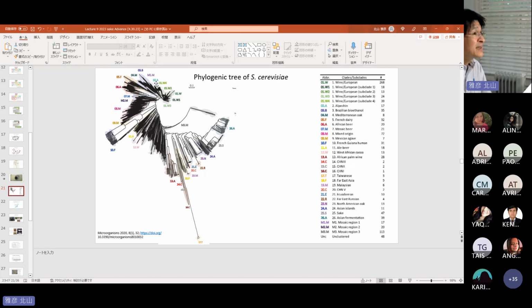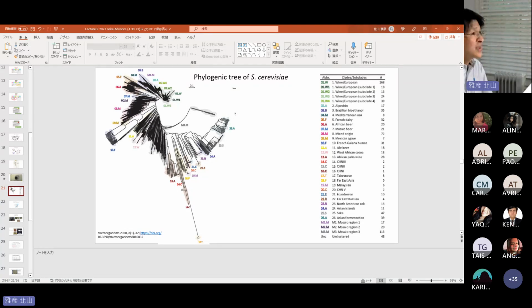Wine yeast are located at 1 to 4. So these are a group of yeasts isolated from wine producing areas in Europe. And this is the yeast strain isolated from the sake producing area.